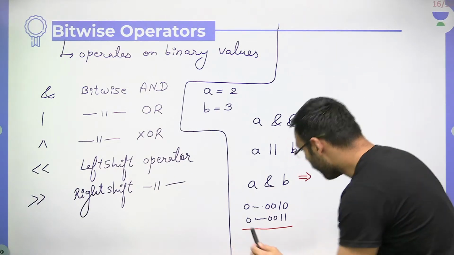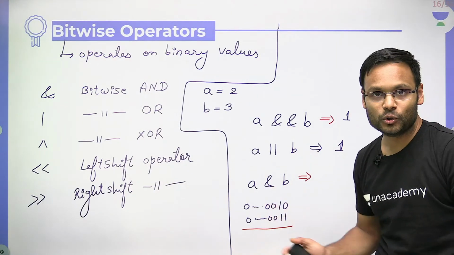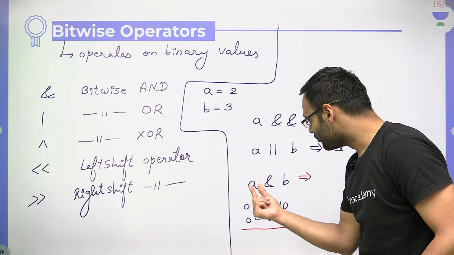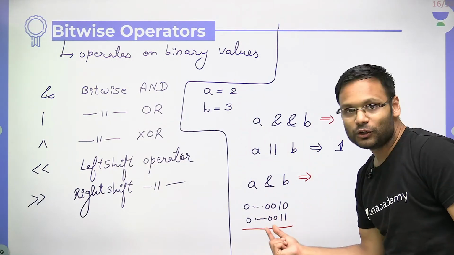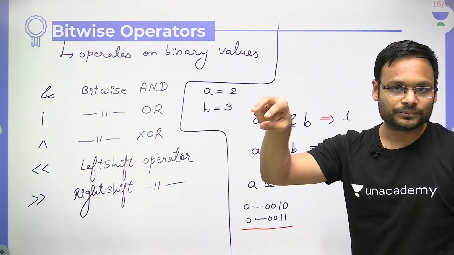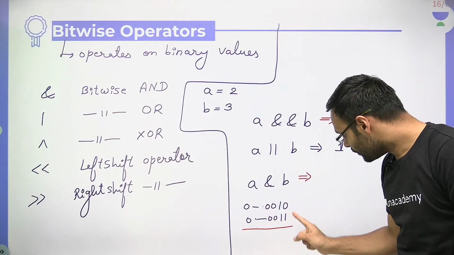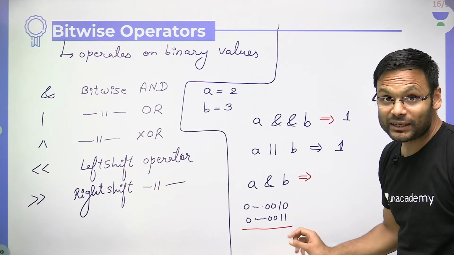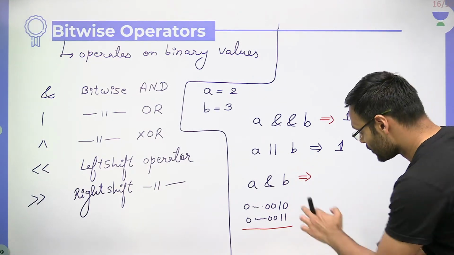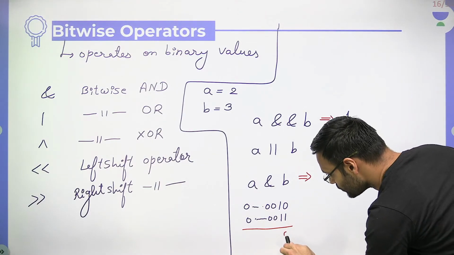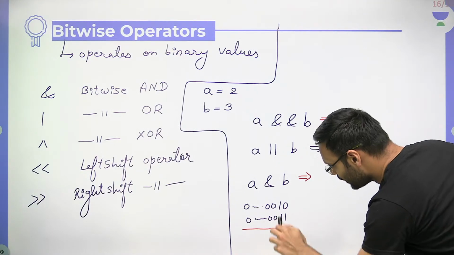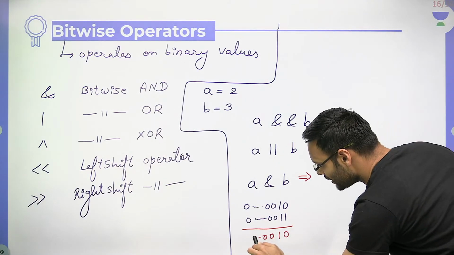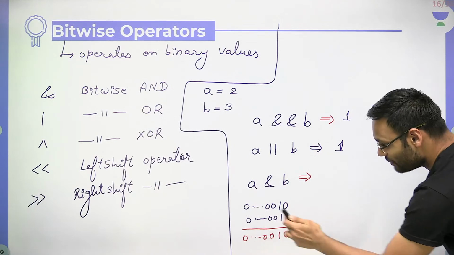Now what will this single ampersand do? Single ampersand will convert A into binary, B into binary, and inside, bit by bit, what will we do? We will AND them. 0 and 1 is 0, 1 and 1 is 1, and the remaining are all zeros, because everything is 0. What is this in binary?